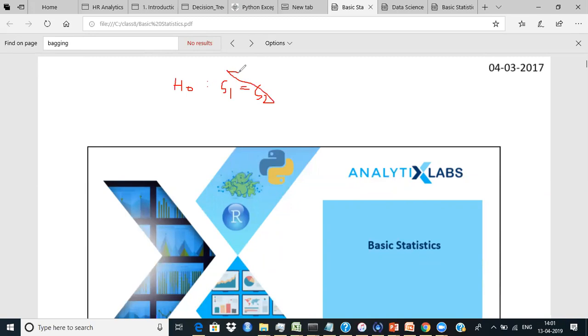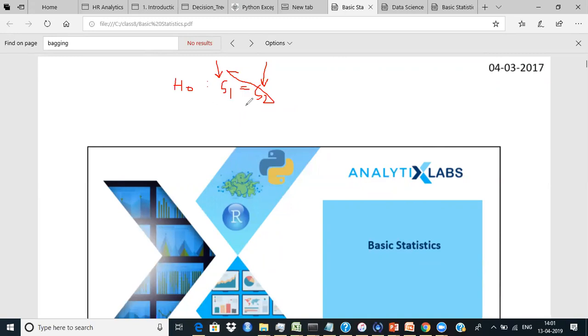Now this something can be a parameter, by which I mean either mean or standard deviation. The other side can be a parameter or a value as well. But the format of null hypothesis is it is always some parameter equal to either another parameter or a value. There will always be an equal to sign.